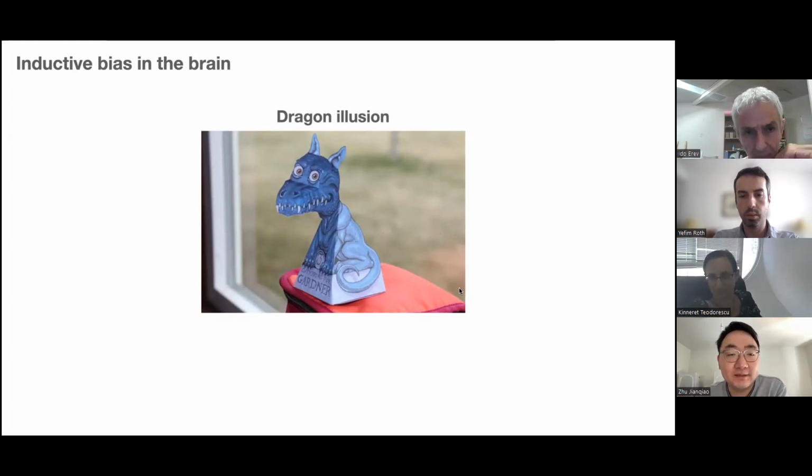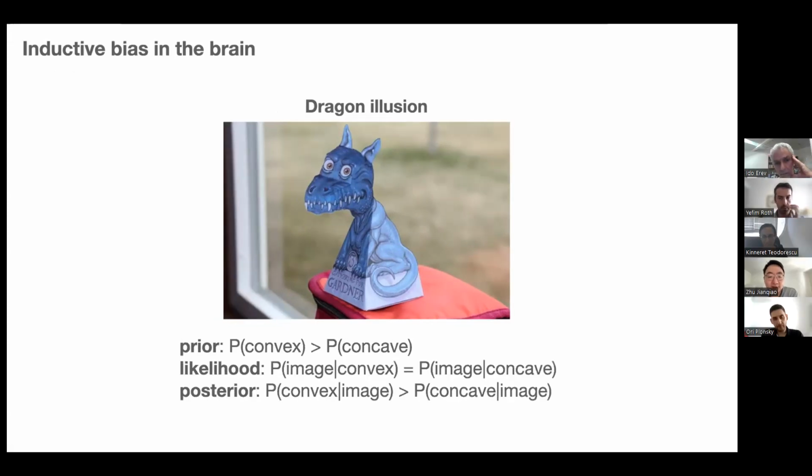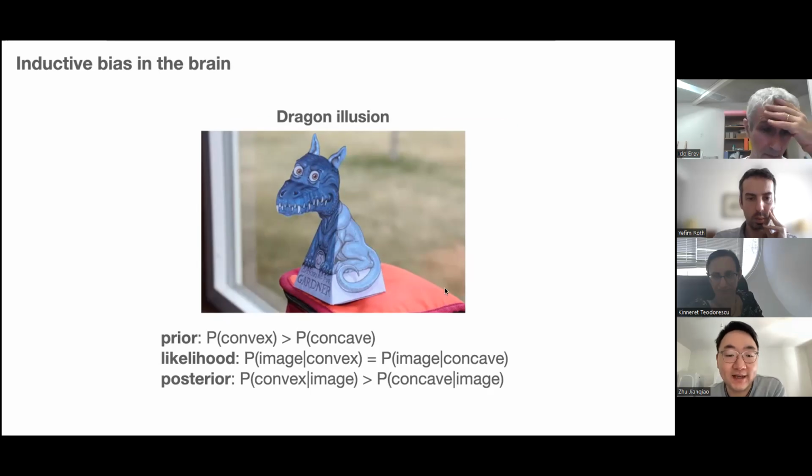And the Bayesian has an explanation for this, and it relies on the inductive bias people have when viewing the face. So essentially, you can model this phenomenon by saying people have an inductive bias for convex faces. Convex faces have a higher probability of appearing in everyday life than concave faces. And because these images are so ambiguous, the likelihood is not telling us too much information.